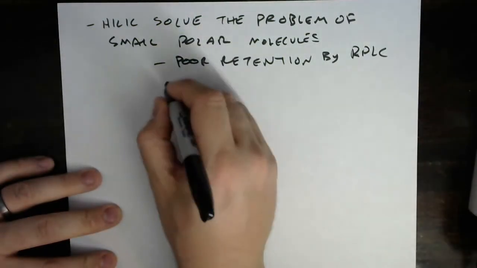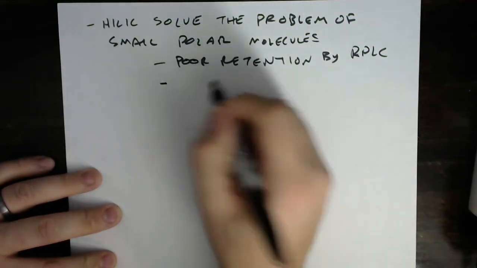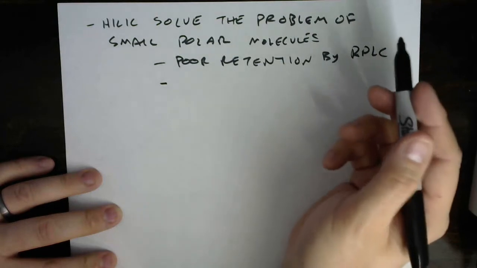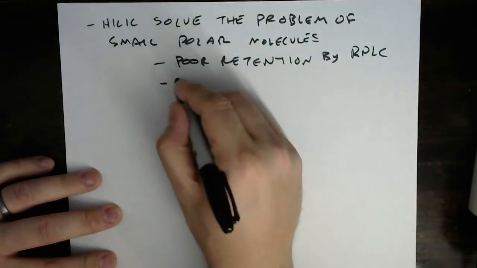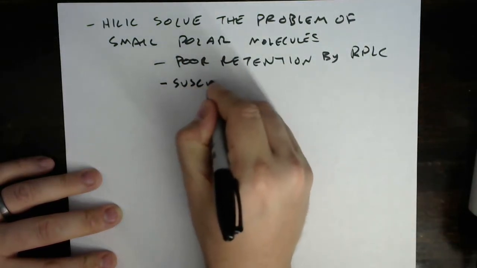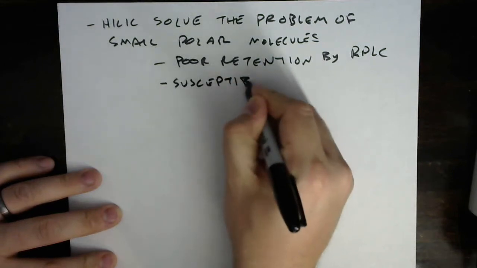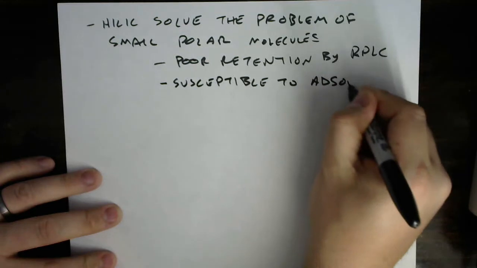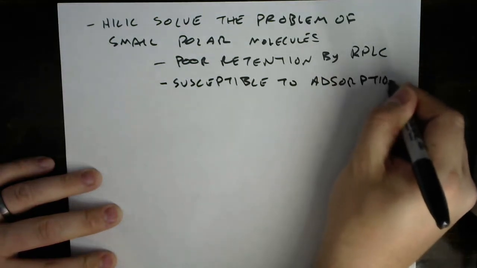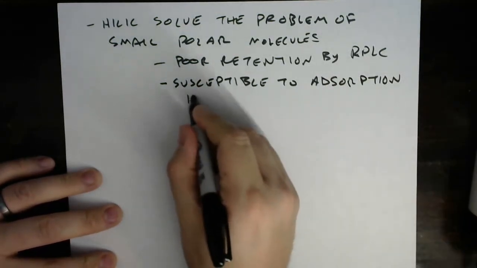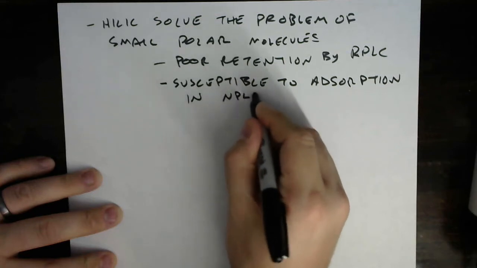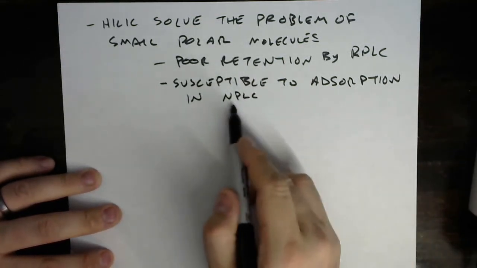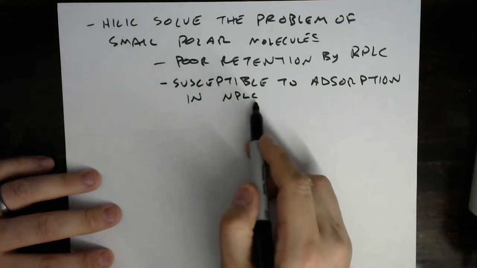And the problem with small polar molecules in normal phase LC is that they're susceptible to adsorption. Polar molecules are supposed to be retained by normal phase liquid chromatography, right? So that's not a problem.